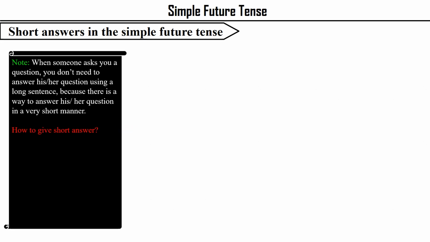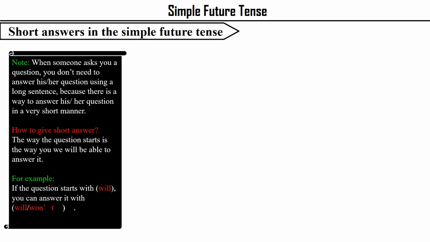The way the question starts is the way you will be able to answer it. For example, if the question starts with will, you can answer it with will or won't.